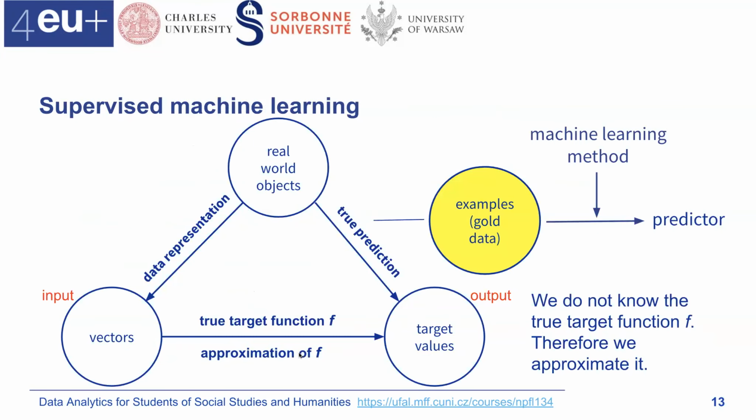Okay, so here is a scheme of supervised machine learning, and we represent it as a triangle with 3 nodes. Here is a node representing real-world objects: text, images, cars, flowers, whatever.